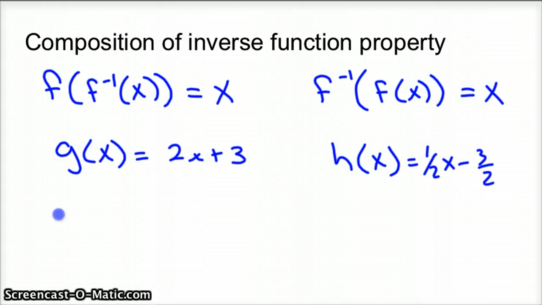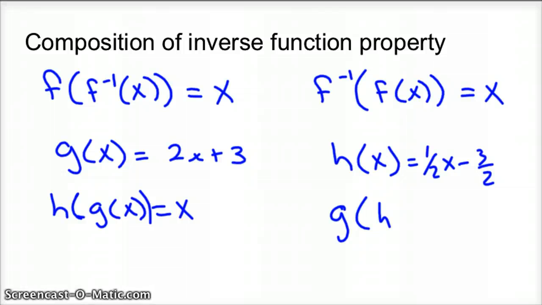So if h at g at x ends up being x, and g at h of x equals x, then we know the two are inverses.